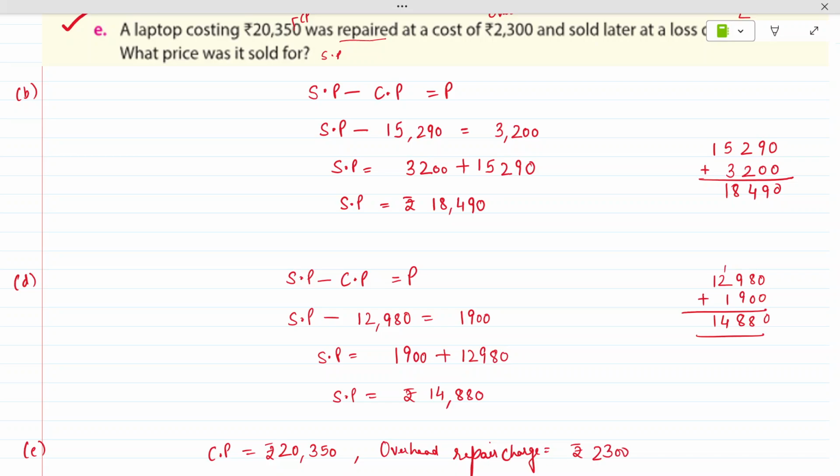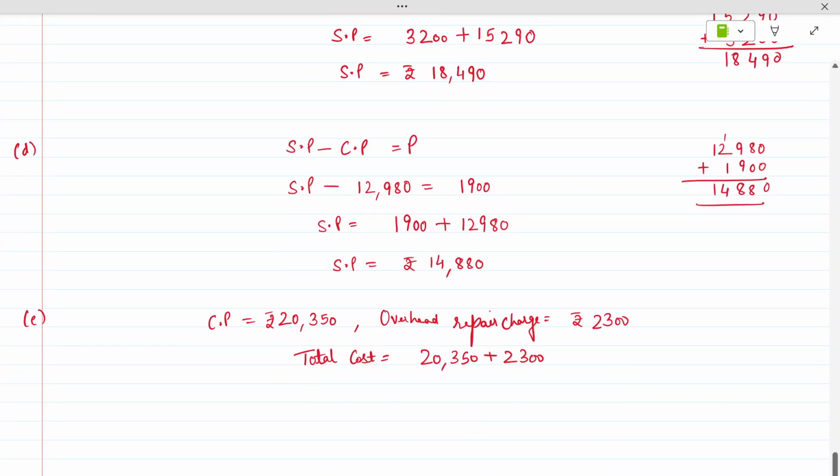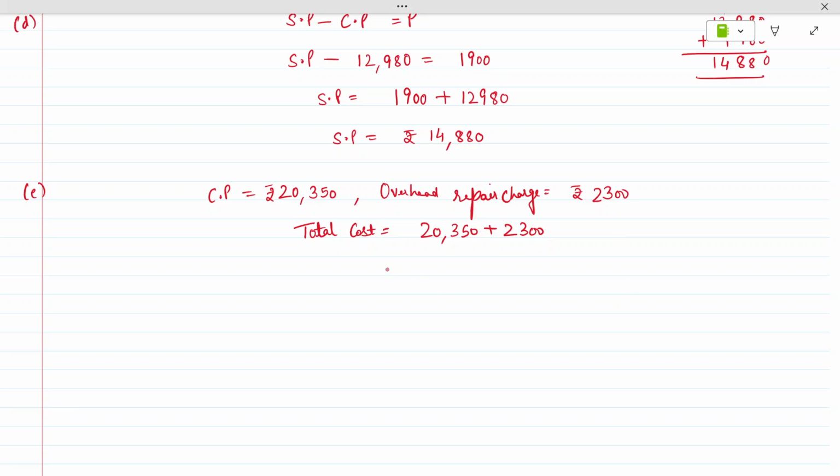So we know that we have to find the total cost first. The total cost will be 20,350 plus 2,300. You can add directly here. 0 plus 0 is 0, 5 plus 0 is 5, 3 plus 3 is 6, 2 plus 0 is 2, and 2 here. So this is the total cost to that person.